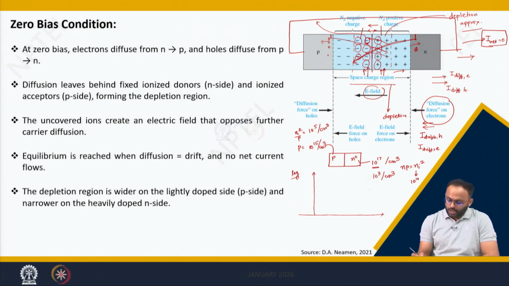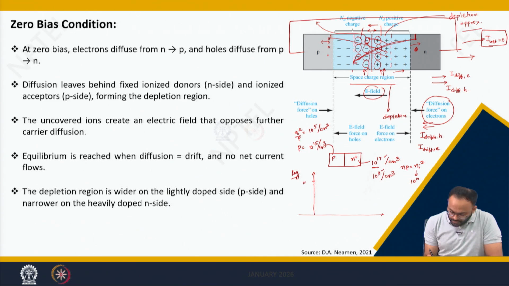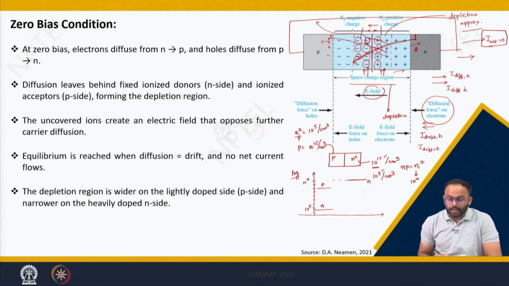Now if I want to show the change of these orders on the same scale, I need to choose a log scale. Let us consider this is 10 to the power of 17, 16, 15. So here this is the hole concentration at the p side. Similarly this is 17, so this is the electron concentration at the n side. Now if there are holes at the p side, there are electrons, which is, let's say, 10 to the power of 5 electrons at the p side, and similarly 10 to the power of 3 holes at the n side.